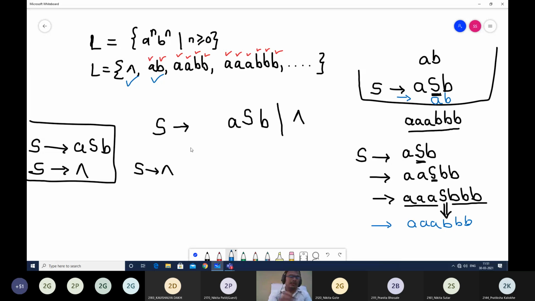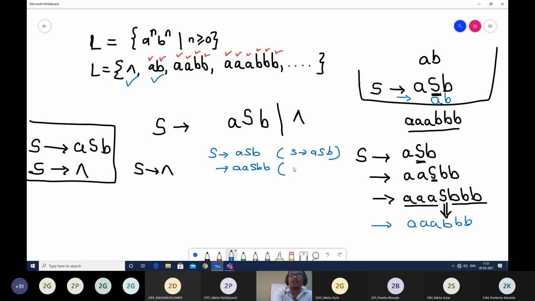When I solve this string, I write it in the derivation form. See how, observe this. ASB: which production rule do I use? I use the production rule S gives ASB. Next time I replace S by ASB.